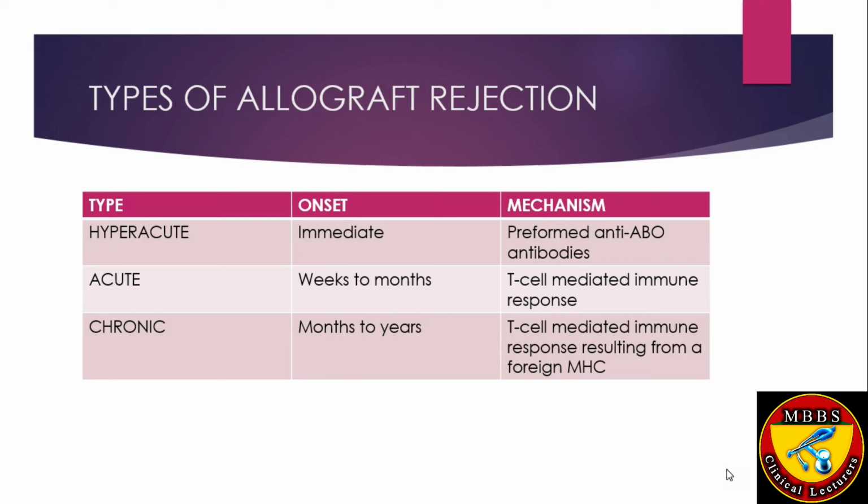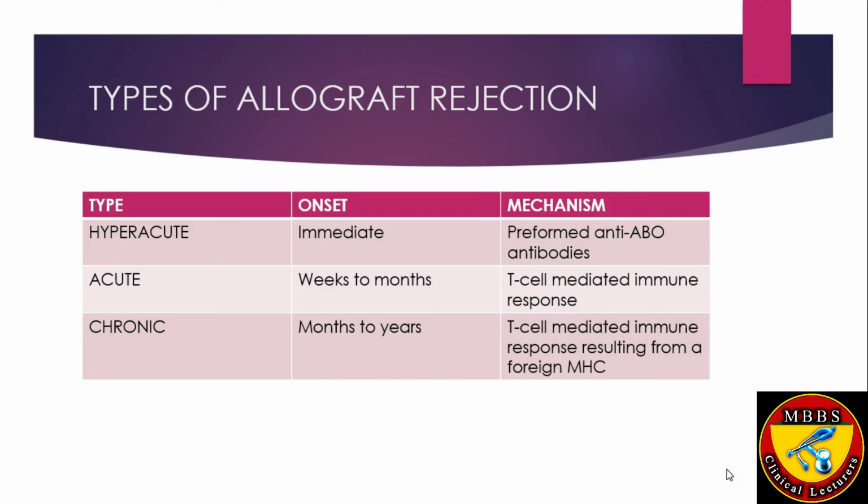This is caused by accidental ABO blood type incompatibility, which is obviously very rare, and it even presents while still in surgery, with thrombosis and occlusion of the graft vessels. If I say which hypersensitivity reaction is involved, it is associated with type 2 hypersensitivity.